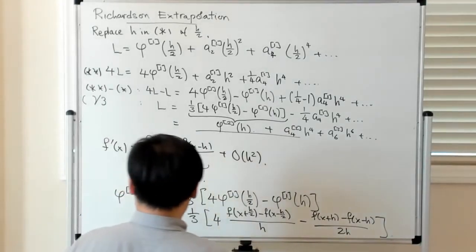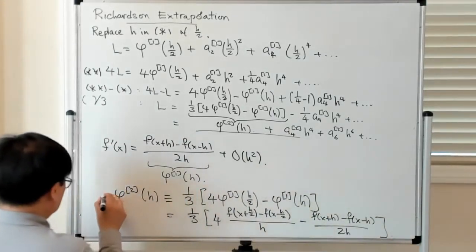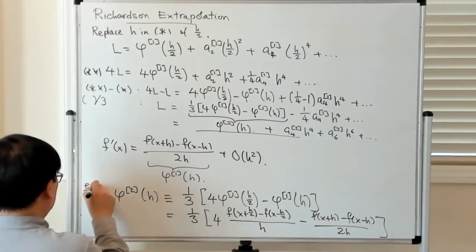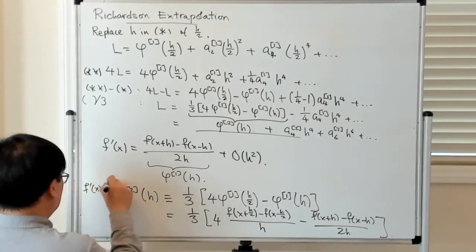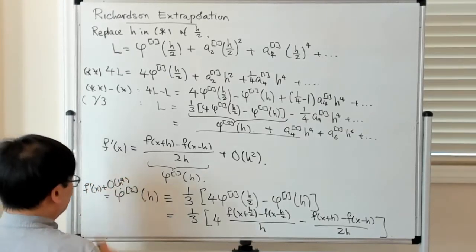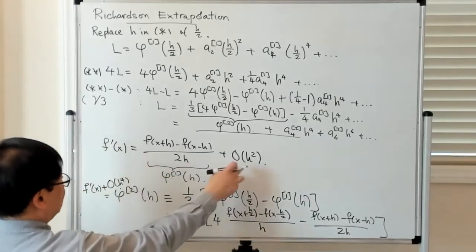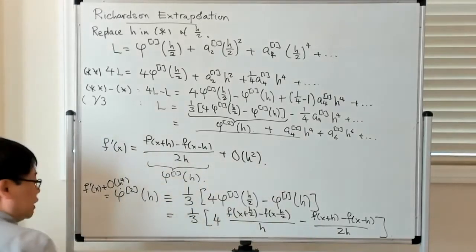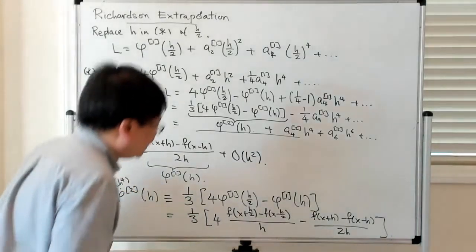This thing is f prime of x plus an error which is now h to the 4 instead of h squared. So that's what the Richardson extrapolation idea does.